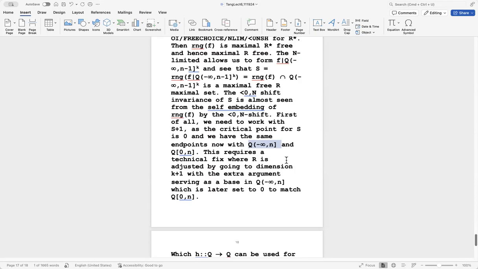And so this requires that we start off with R adjusted by going to one higher dimension, with the extra argument serving as a base, as a left endpoint. An artificial left endpoint.